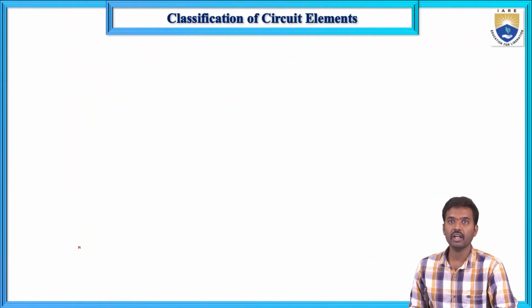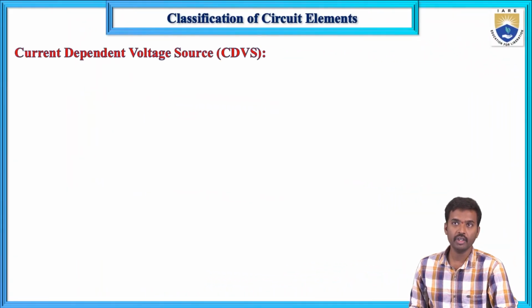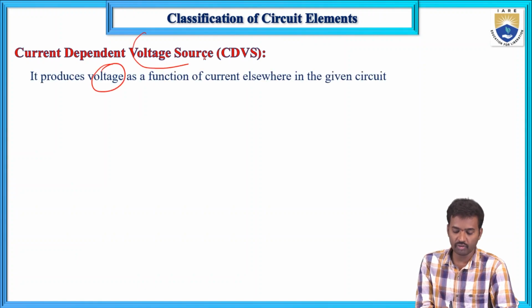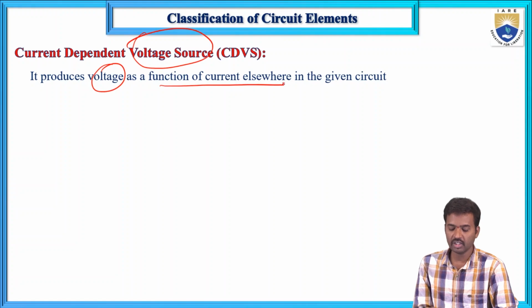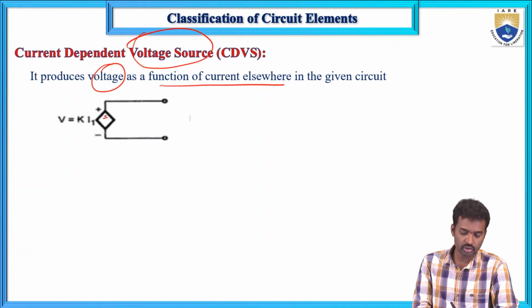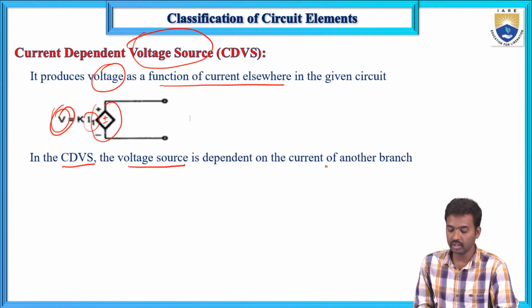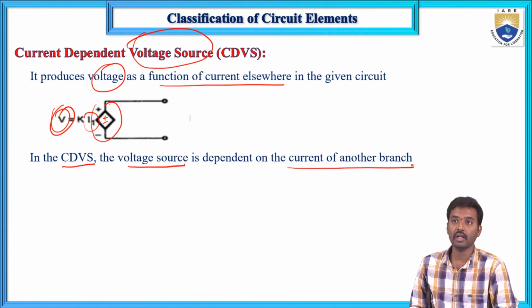Same way, a current dependent voltage source produces a voltage value as a function of current elsewhere in a given circuit. This is the voltage source you can represent like this. The voltage source value depends on the current of another branch.